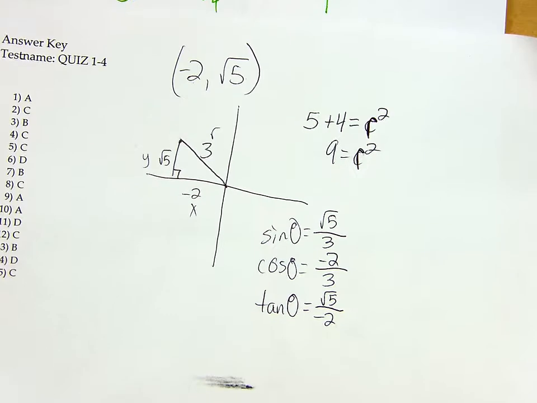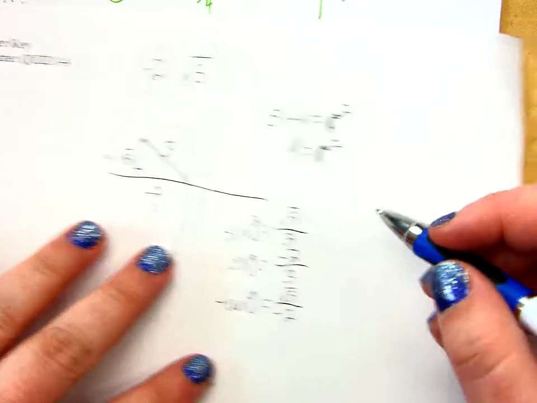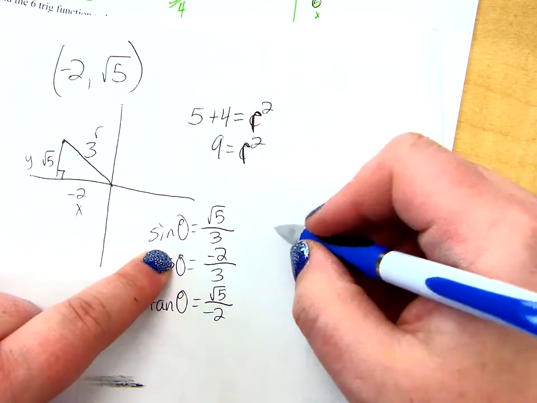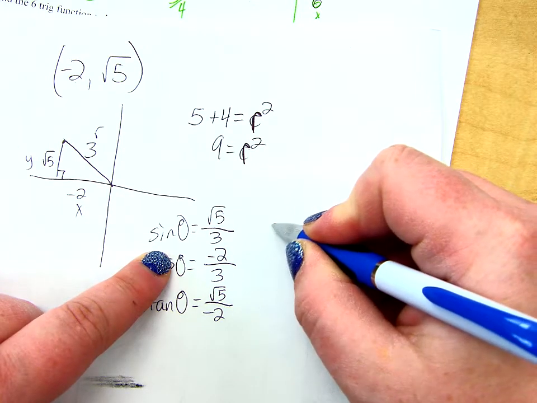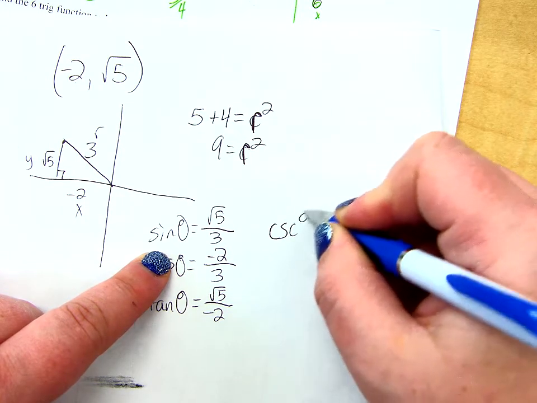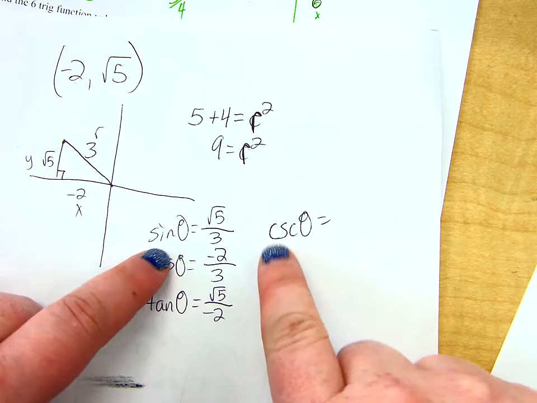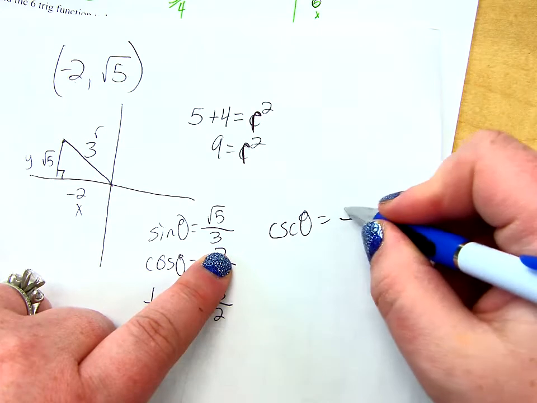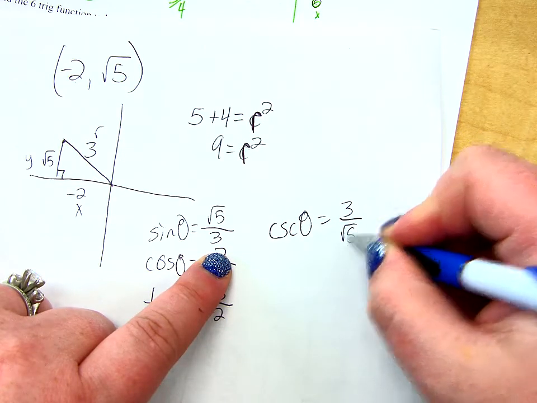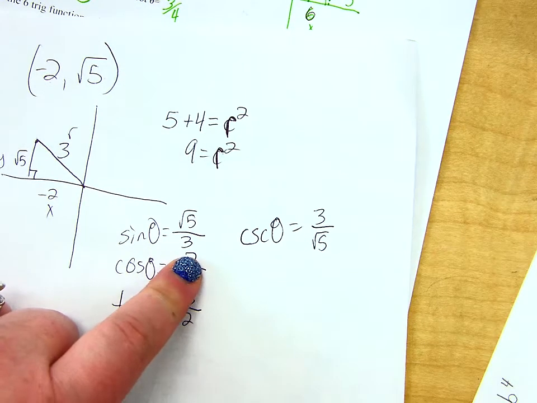Now that I have those 3, I can find the next 3 by just taking the reciprocal. So, who's the reciprocal of sine? Cosecant. Right, because right. So cosecant is the reciprocal of this, which would be 3 over root 5, but you can't leave it like that, so how do I fix it?